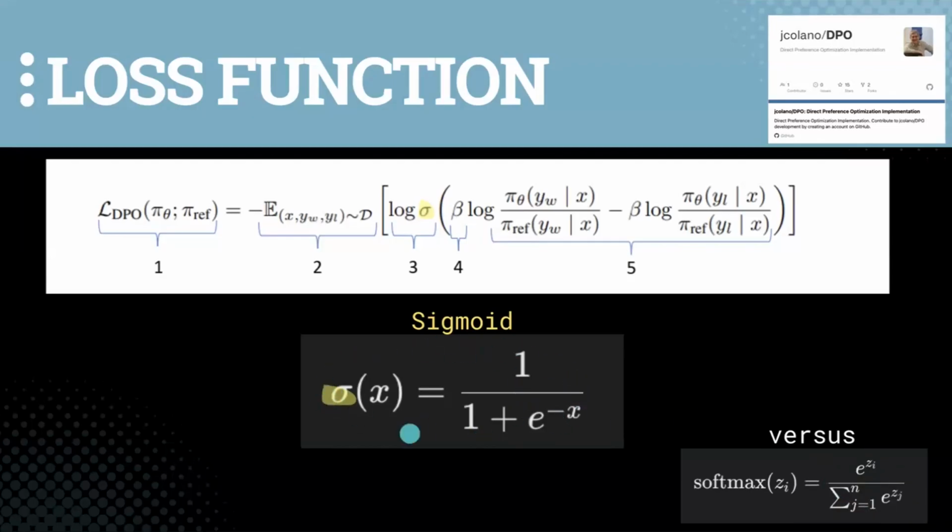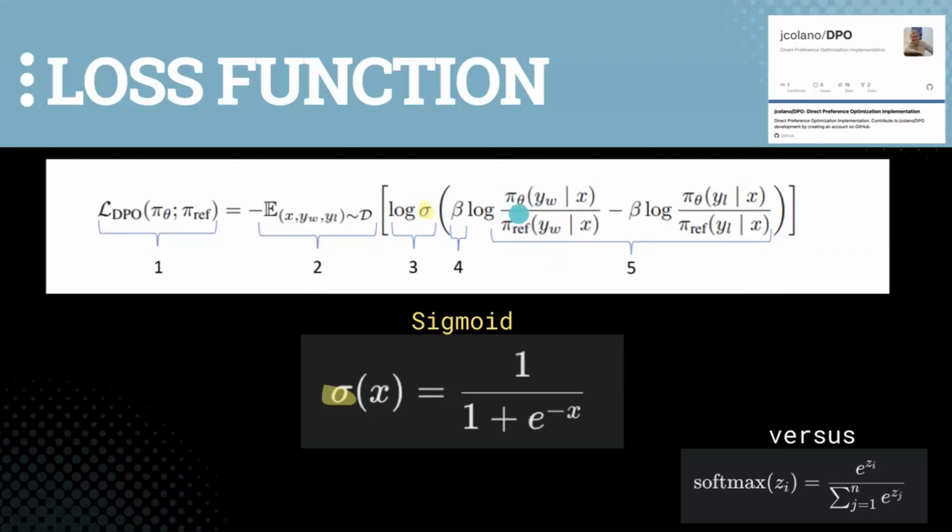This one doesn't output a probability distribution, it outputs a single number. That single number, if you'll remember from classic ML, if it's greater than 0.5, you say, okay, positive. If it's less than 0.5, you say, okay, negative. And the sigmoid function, as in a simple classification problem, ensures that the loss is bounded and that the optimization process is relatively stable.